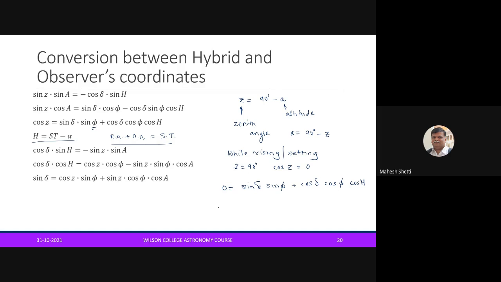Which I can write as cos h into cos delta cos phi is equal to minus sin delta sin phi. And this cos delta cos phi I am going to divide.